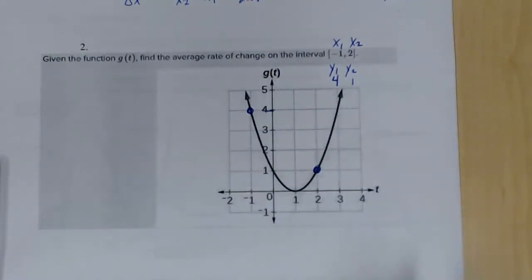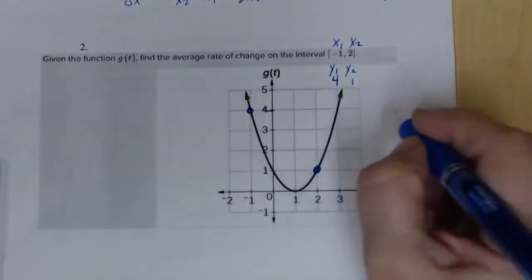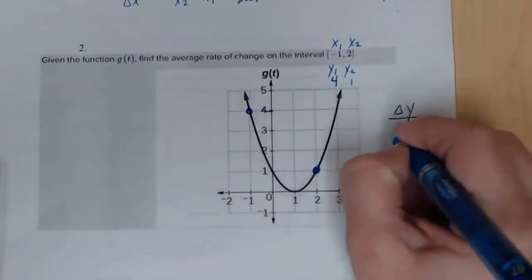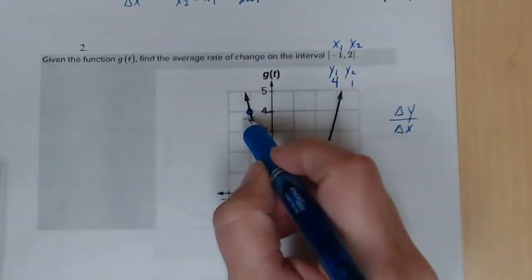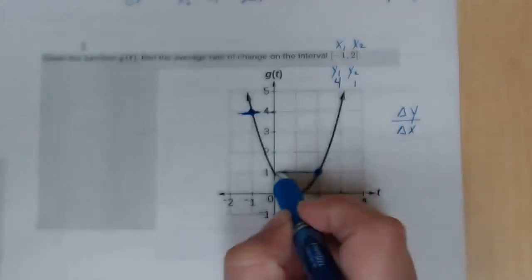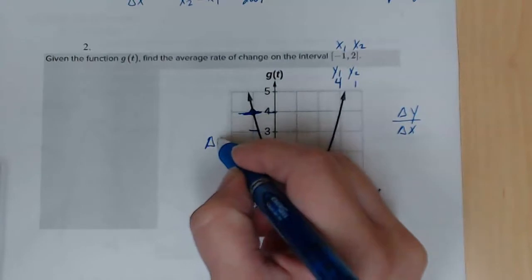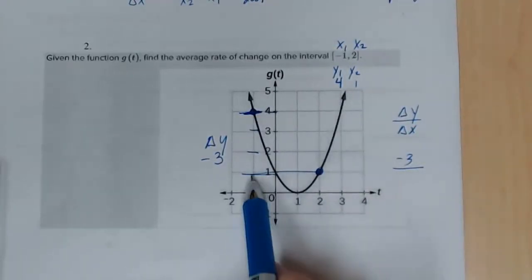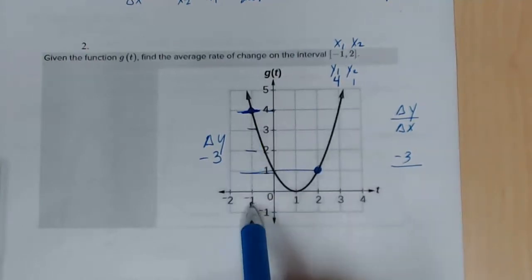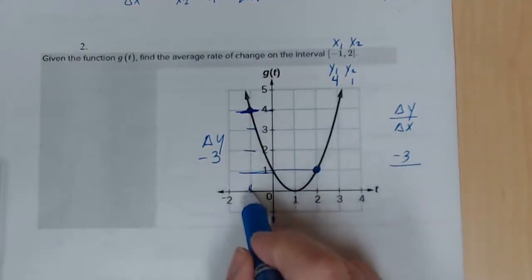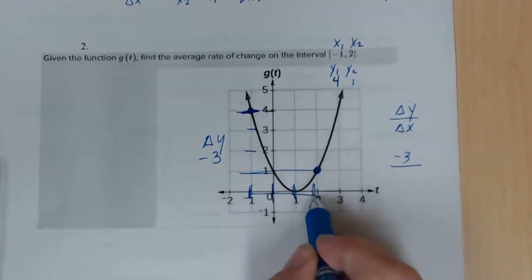But I also want you to notice from the graph, remember we talked about this is the change in y over the change in x. So if I were to start here and go down to this point, I'd be going down 1, 2, 3. So my change in y would be -3 units. Then if I went from my -1 over to 2, I'd be going over 1, 2, 3 units.